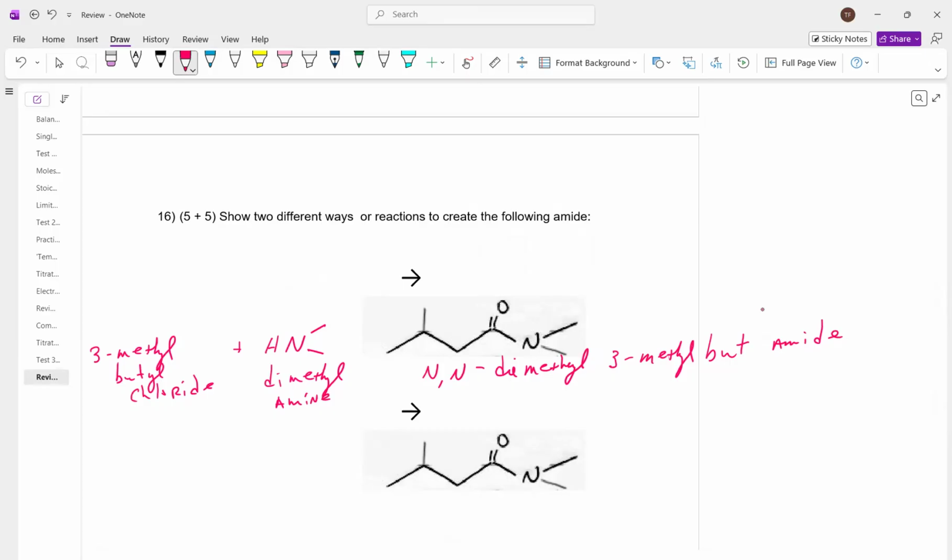Now we're going to do the anhydride. So this is going to be di-3-methyl butyl anhydride.